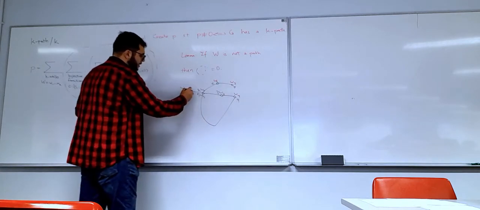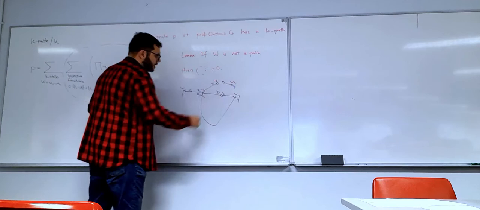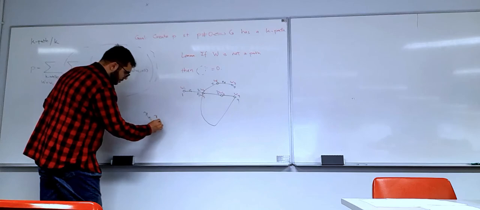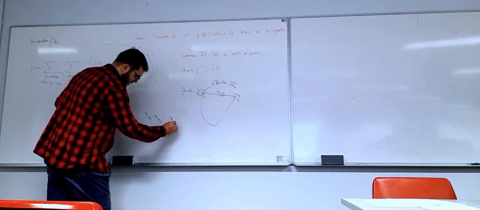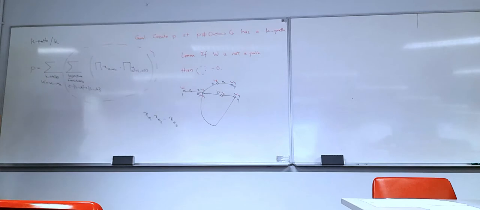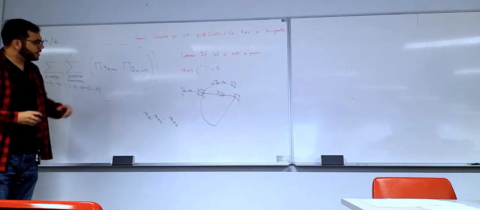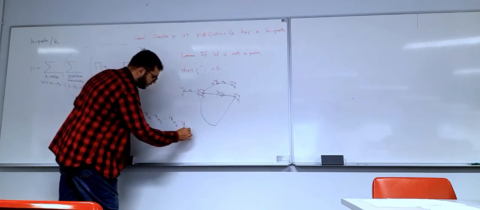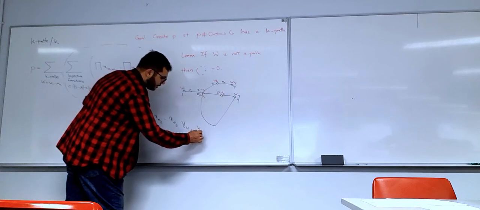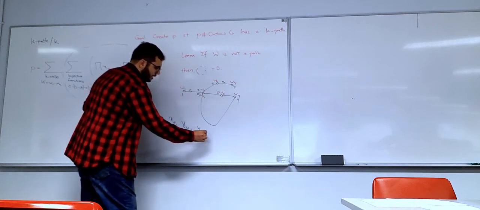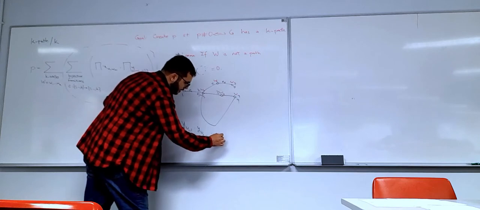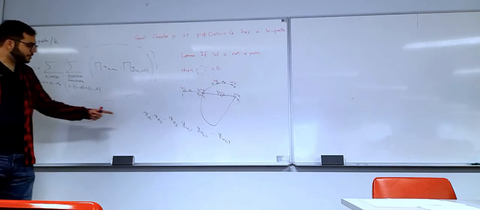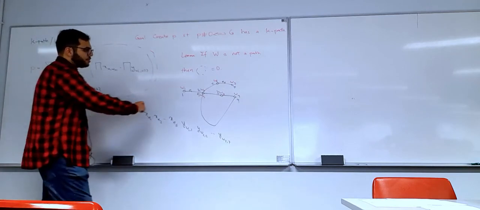I have 6 edges. Let's call them E1 to E6, right? I just take x of E1 times x of E2, and so on, to x of E6, right? Then I have this part, which is basically y of W1, 1, y of W2, 2, and so on, and y of W7, 7. So this is the monomial corresponding to this particular coloring.